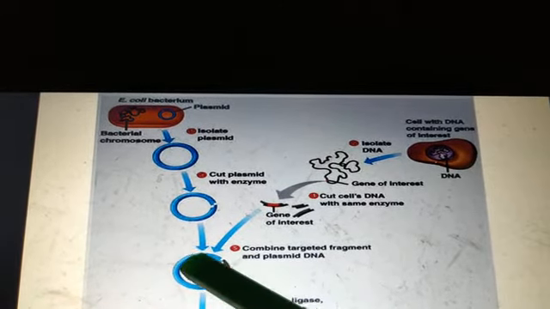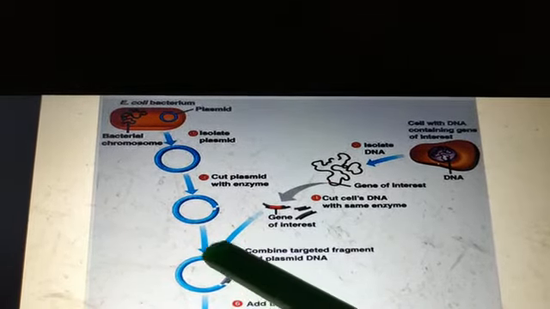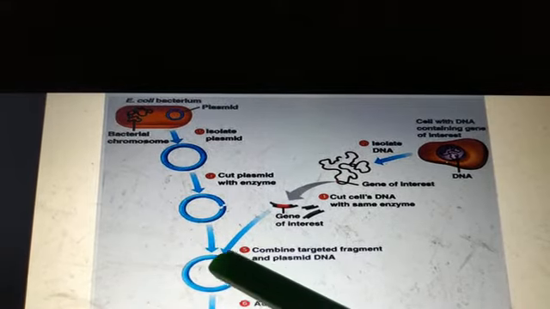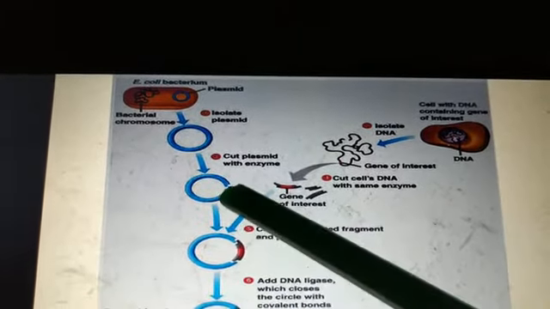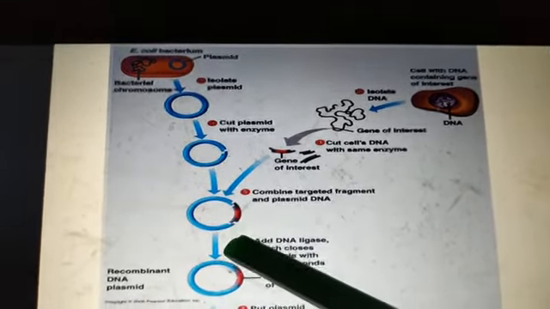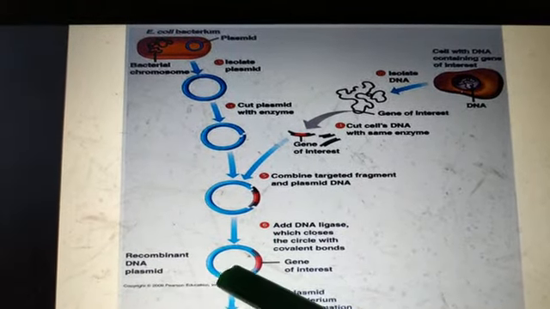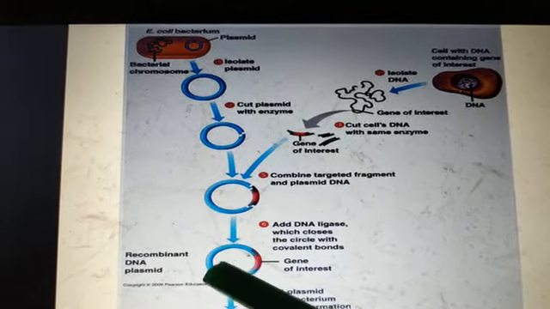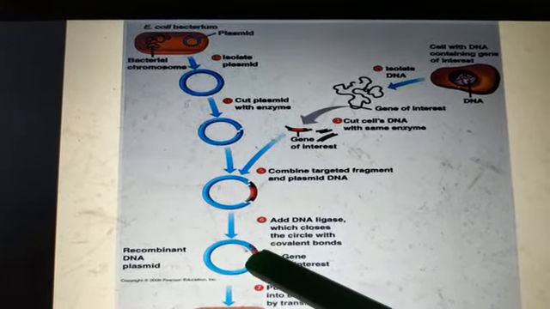Now this is our vector, and it will help in transport of the gene into the host cell. Once we combine the plasmid and the gene of interest, it forms a recombinant DNA plasmid, or recombinant DNA. Till here we have seen in recombinant DNA, right? So this is our recombinant DNA.